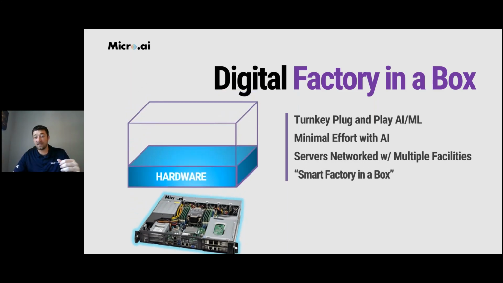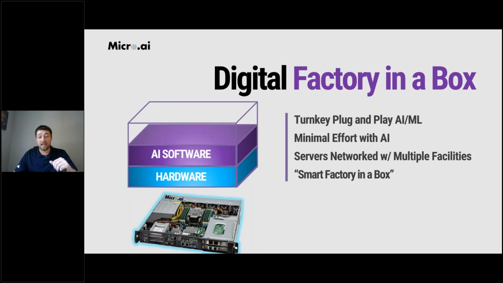And so what comes with that is a server, the hardware, the networking equipment, racks and enclosures, install and setup. That all is included in the smart factory in a box. On top of that, you have the AI solution and all feature enhancements and production upgrades included for the future.